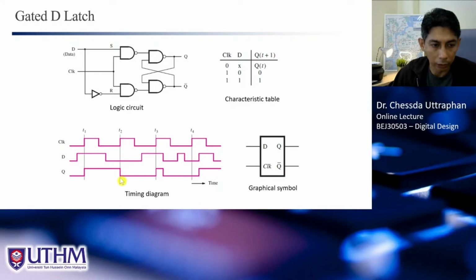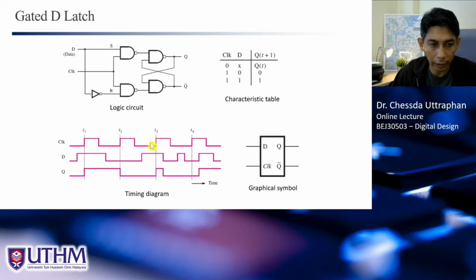Then it will go down to 0 based on this D, because when we look at this characteristic, when the clock is active and D equals 0, Q also equals 0. When D equals 1, Q also equals 1. So here it is also the same.